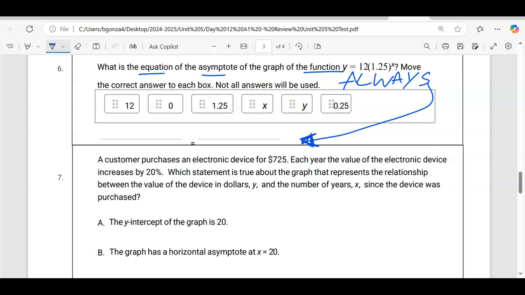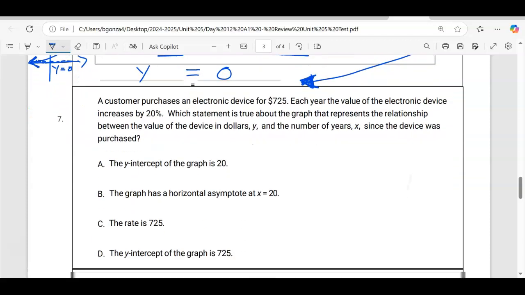We said that the asymptote is always going to be y equals 0. Remember, you got your graph, and it's on that x-axis at y equals 0. That is the line that it does not touch, okay? No matter what it is.